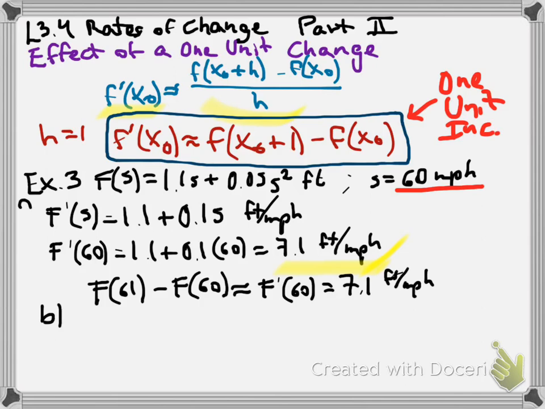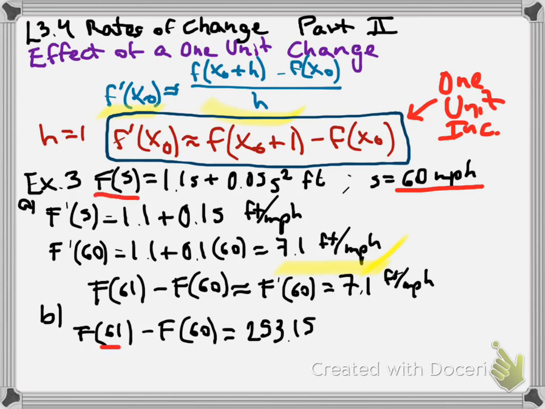This was letter A, and now letter B. f of 61 minus the real value of f of 60, which is 253.15. What I did, I plugged 61 into this equation. Okay, minus f of 60. Again, I plugged this value into the same equation, which is f of 60, 246.